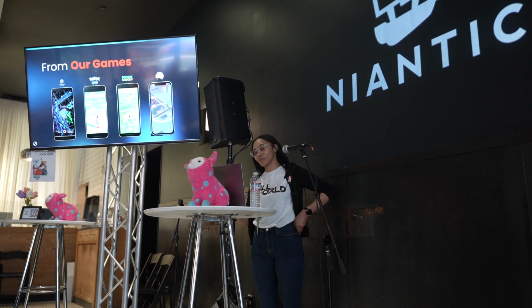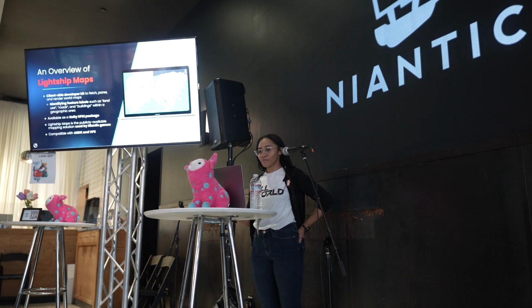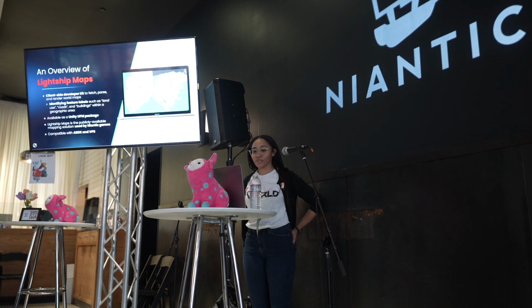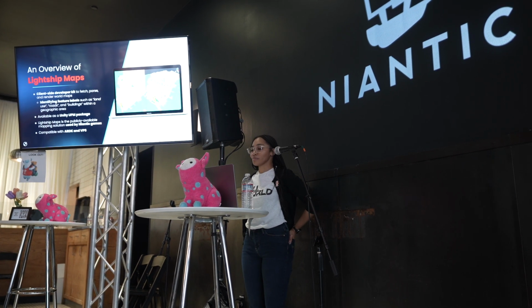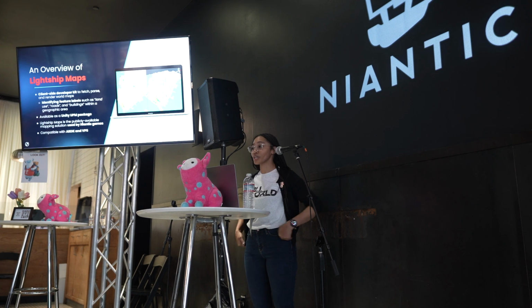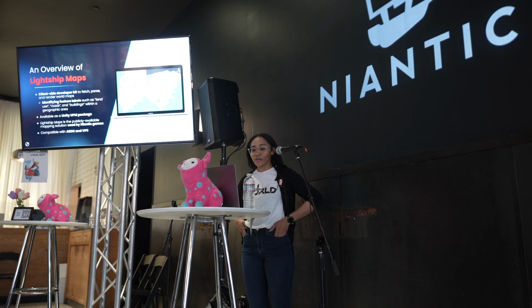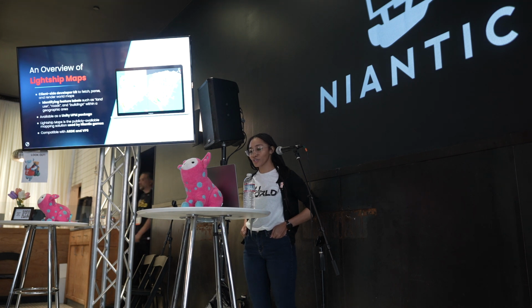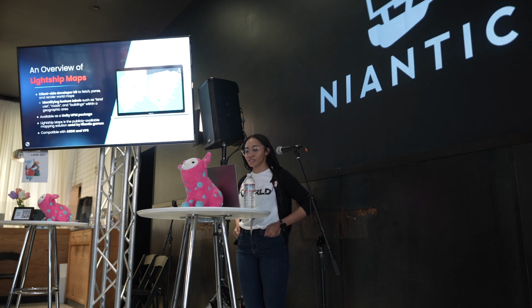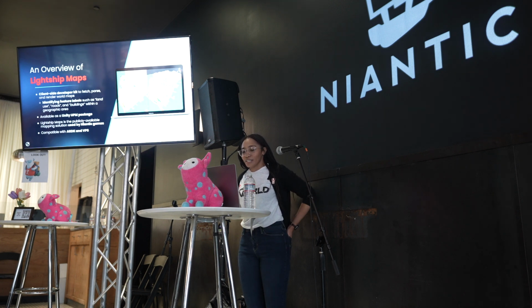Let's give a little bit of an overview on Lightship Maps. It's a client-side developer kit that we use to fetch, parse, and render world maps. We have identifying feature labels such as land use, roads, and buildings. This provides a lot of ways for you, as a developer, to render what you want.